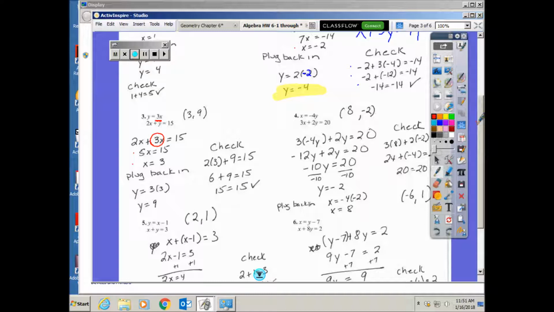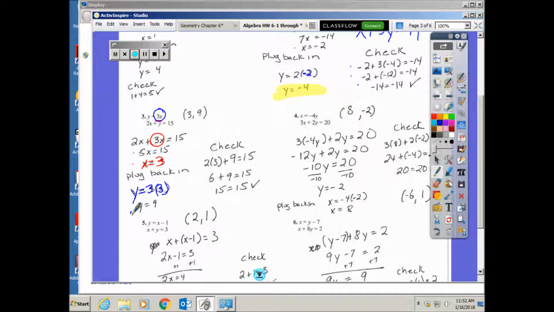Right? So back here, I got x equals 3. Now, I'm going to take the 3 for x and substitute it back into the first equation. So y equals 3 times x, and we said that x is equal to 3.